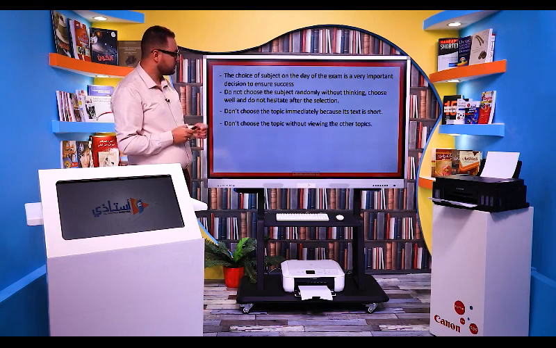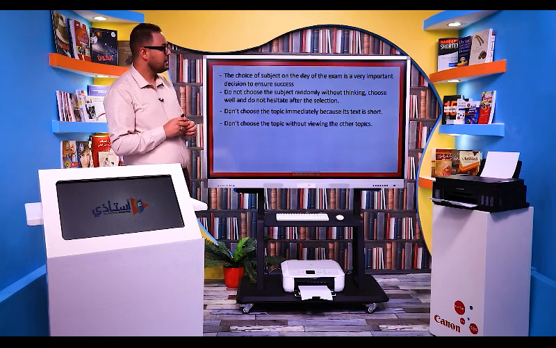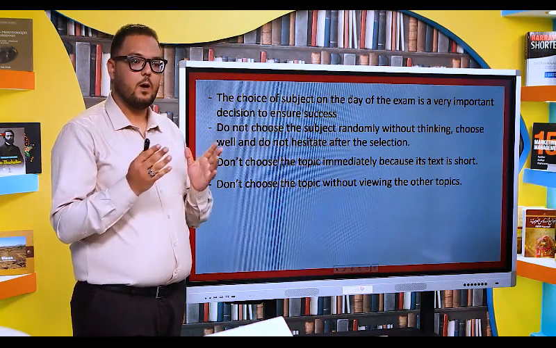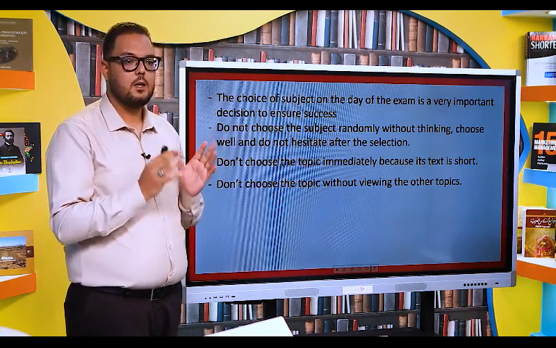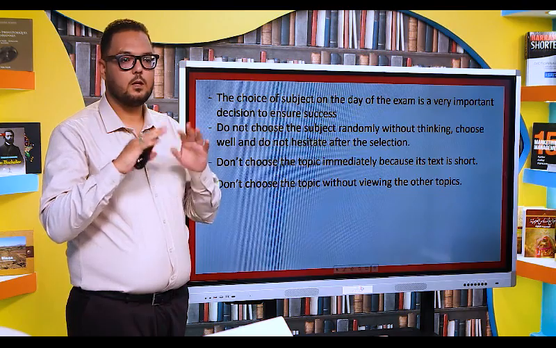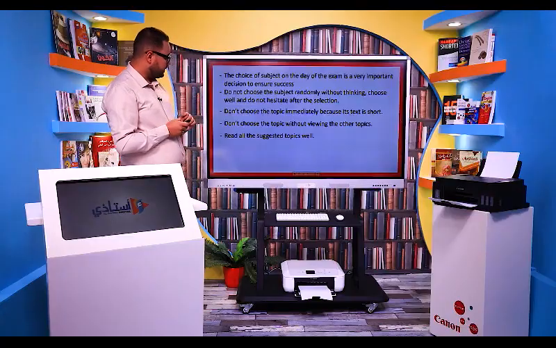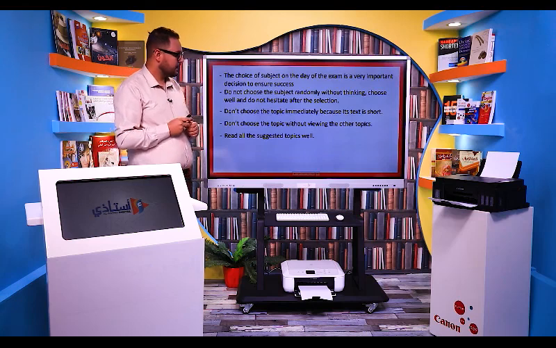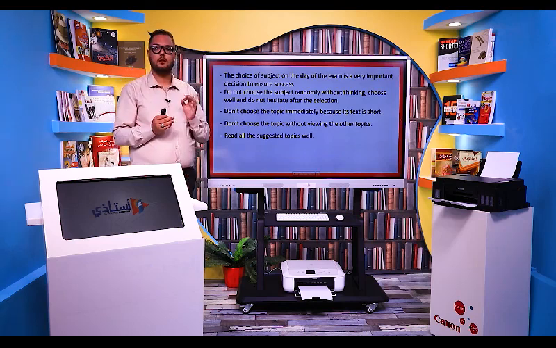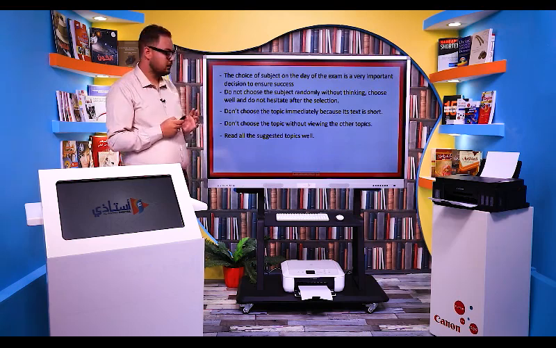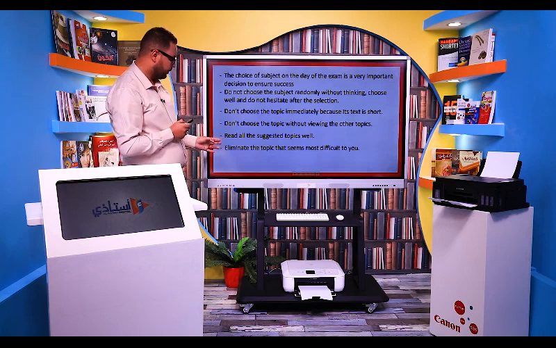And don't choose the topic without viewing the other topics. So after choosing one topic, you must have a look at the other topics. Okay? And read the suggested topics well. Read the topics carefully and after that choose one of them.